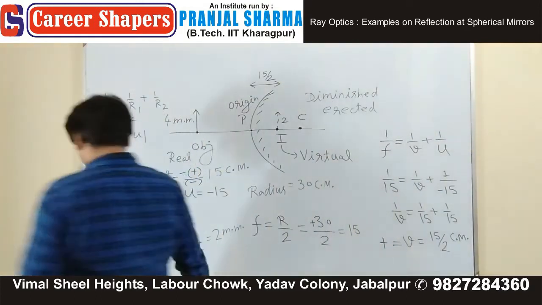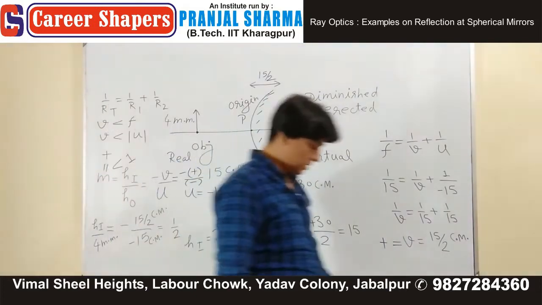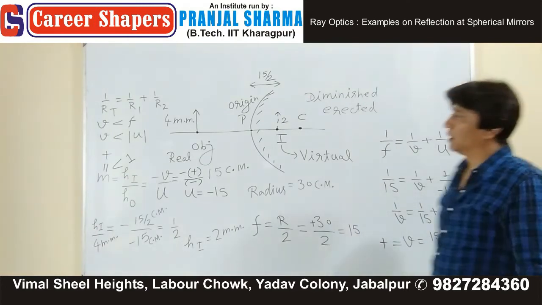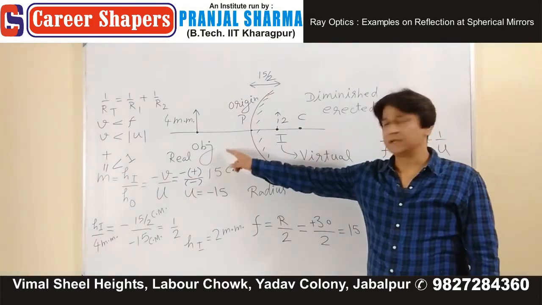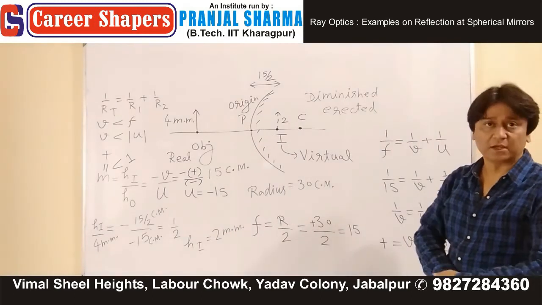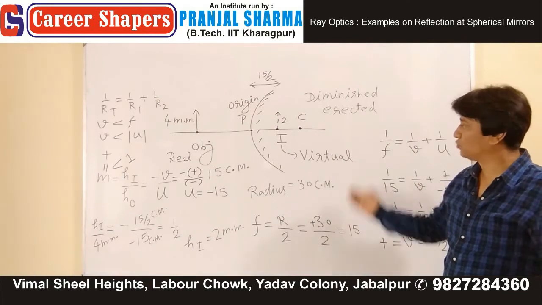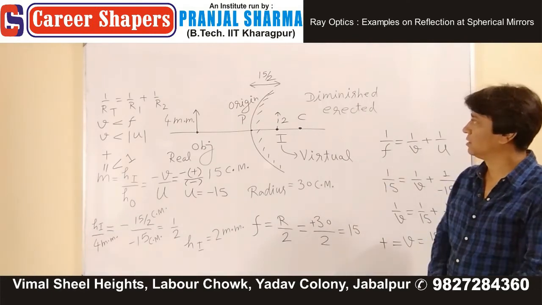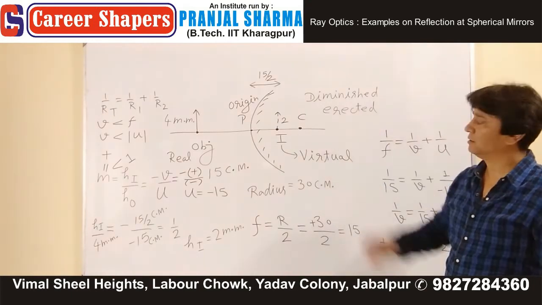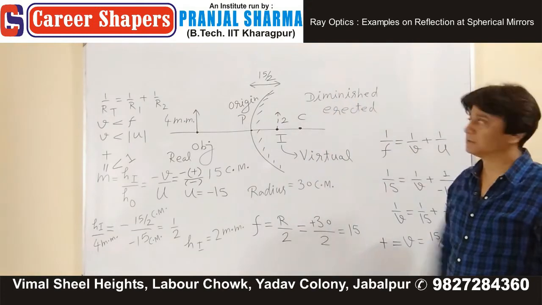For a convex mirror, if the object is real, then the image is always virtual, erected, and diminished in size.